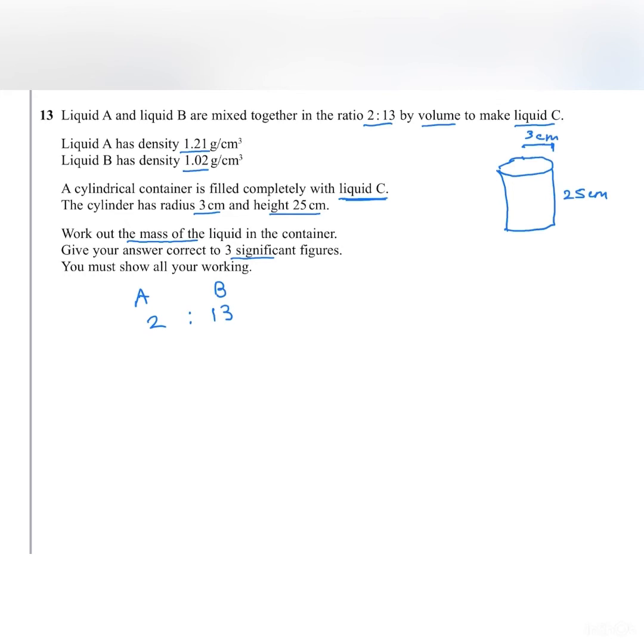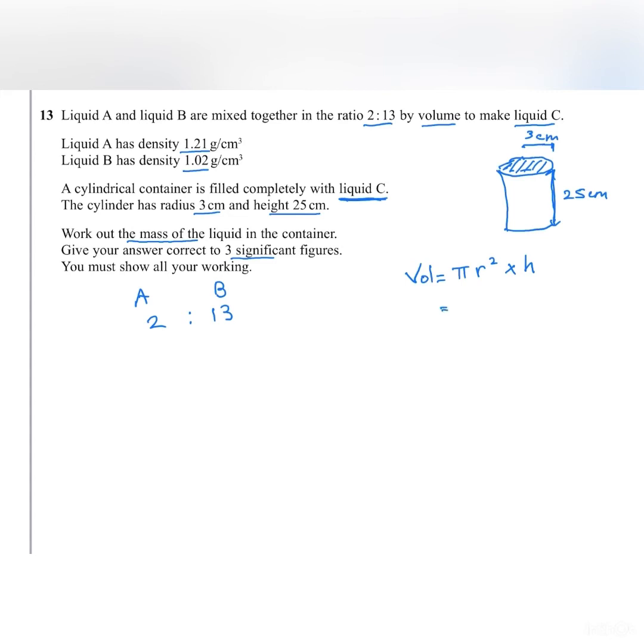Now we can work out the volume of this container, or the volume of liquid C, because what we can do is find the volume of this container by doing the cross-section area times the height of this container. So the cross-section is a circle, so pi r squared is the area of the circle. And if you times by the vertical height, that will give us the volume of this container.